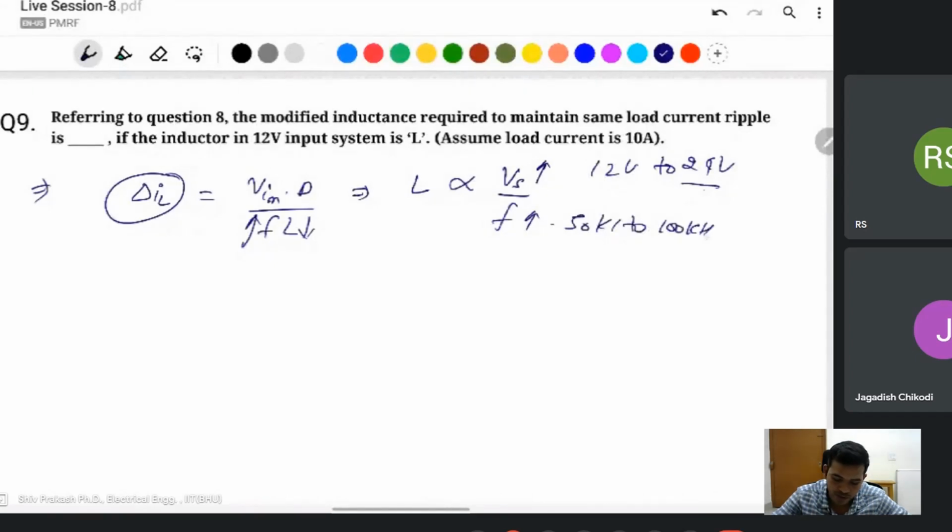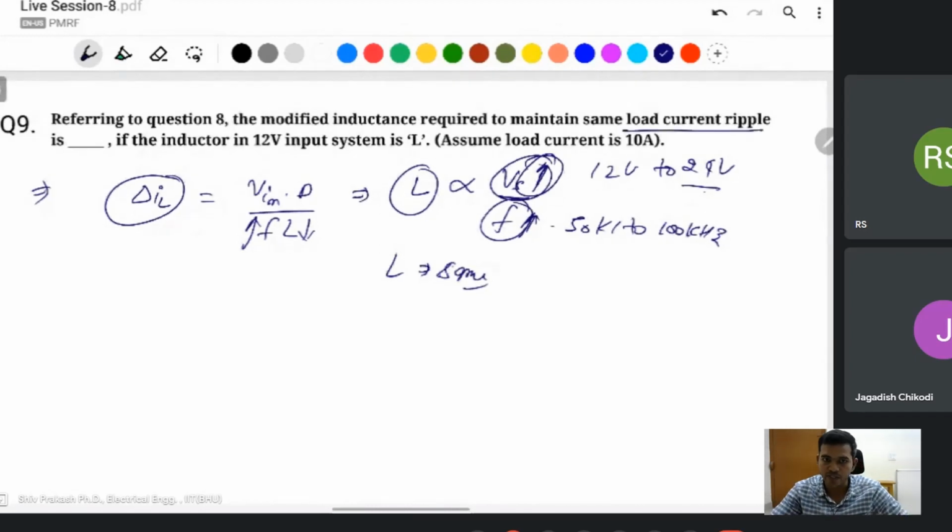From question number 8, if both are increased, then inductance should be the same. You can take the same inductance because both the input voltage and frequency increase. Then for the same ripple current, inductance will be the same. If the frequency increases and voltage is the same, then inductance will be reduced, because inductance is directly proportional to Vs divided by F.